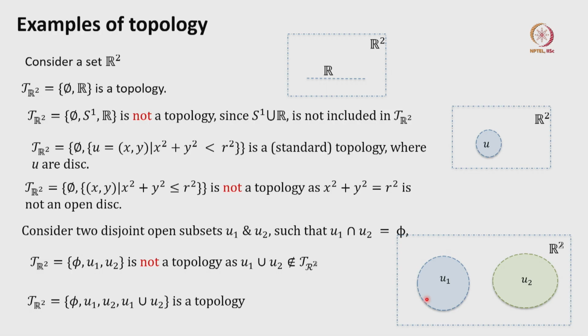On the other hand, if we include the boundary points of this open set, then it is not a topology by definition, because you have also included the points on the boundary. So, that is not an open disk, so it is not an open set. And you can give 2 of them. If I just give 2 disjoint ones, it is not a topology because the union of them is not part of the topology. So, if I want to build a topology, with 2 open sets I have to give 2 of them and also their union. Okay.